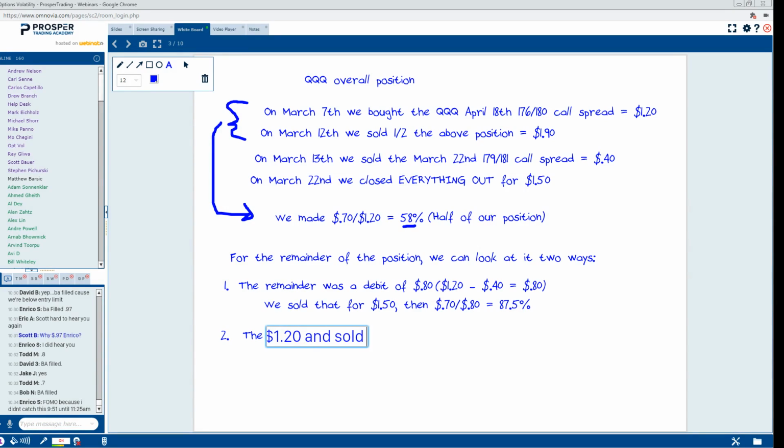If you isolate just the April part of the spread, my prices were $2.72. You may have slightly different pricing, but the net is all going to be the same. The March spread, we sold for 40 and bought back today. Obviously, that's going to be the losing side. Mine was $1.22.